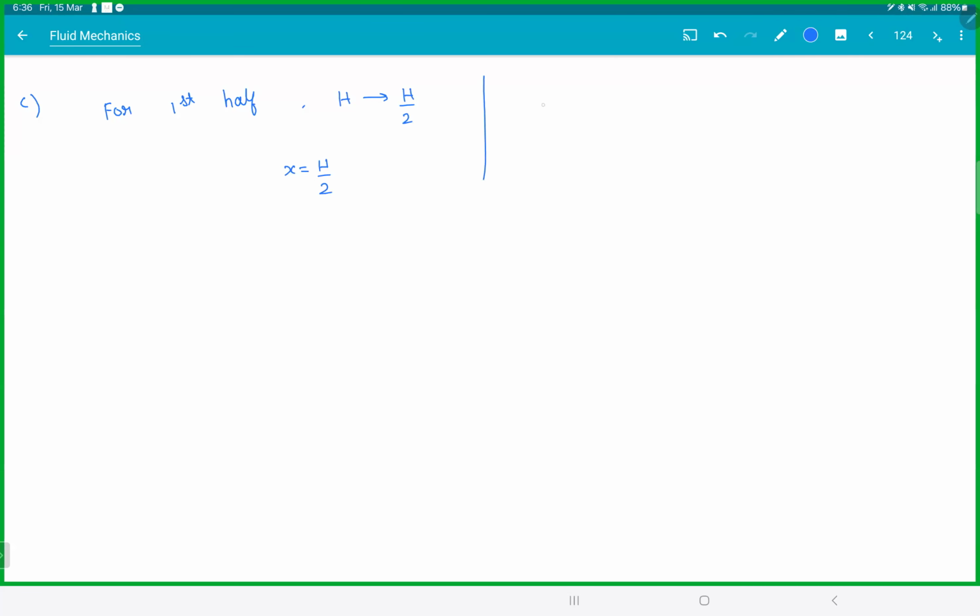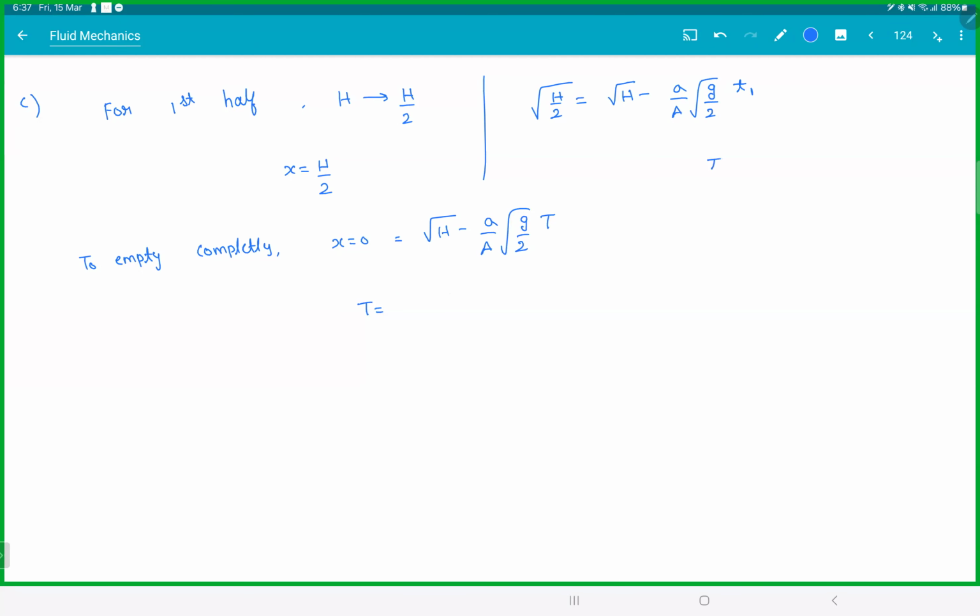If you apply the formula there, root h by 2 is equal to root h minus a by A root g by 2, let's call it t1. To empty completely, that is x is 0, we have root h minus a by A root g by 2 t. This is the total time.